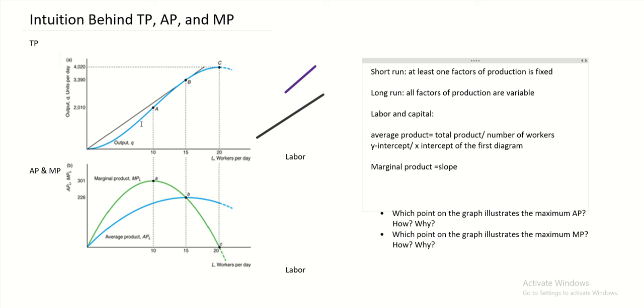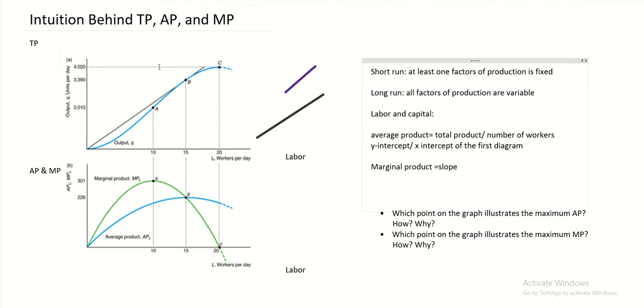The blue line here illustrates the total product curve at each individual input. Let's look at the average product. How do we know the average product and plot the curve below just by using the data from this blue curve?